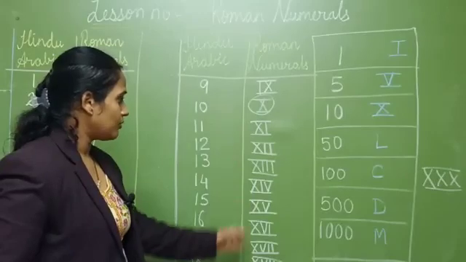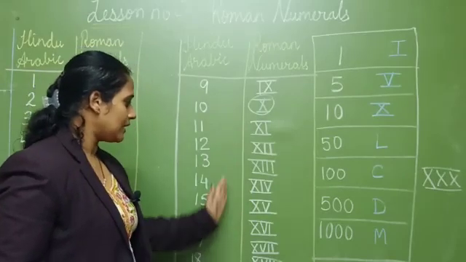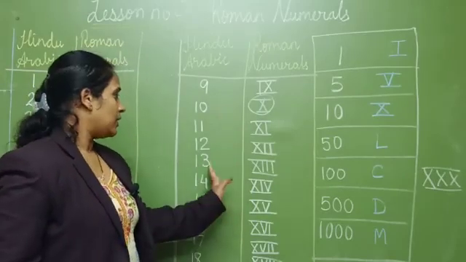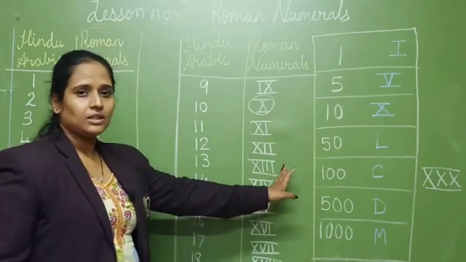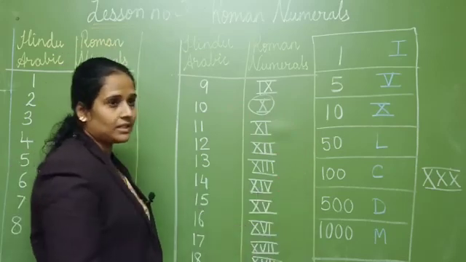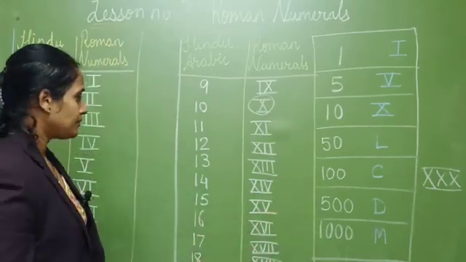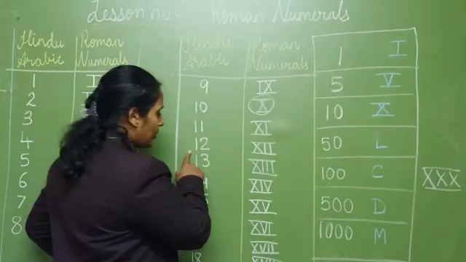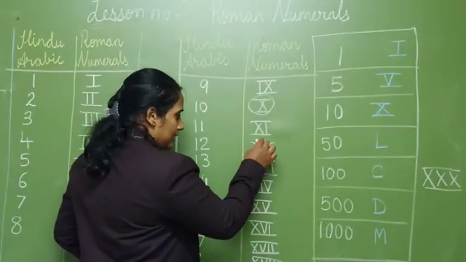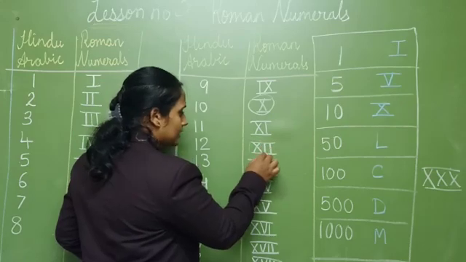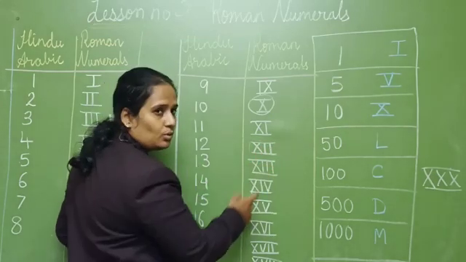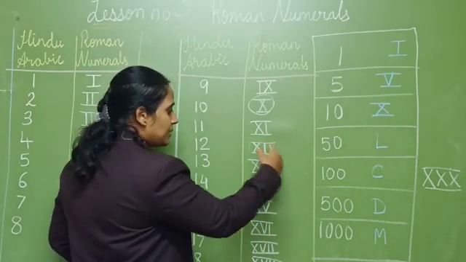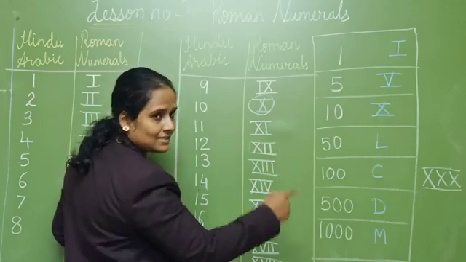So X, whatever the 10 value is, will come on this side, and whatever number we have to write will come towards the right hand side, that is at the ones place. Like for 12, this is 10 and this is 2. 10 plus 2, 12. Addition is being done towards the right side.